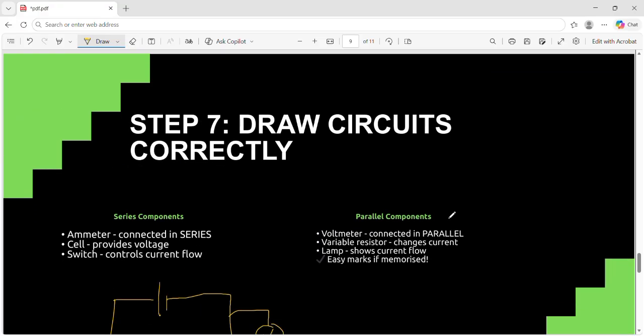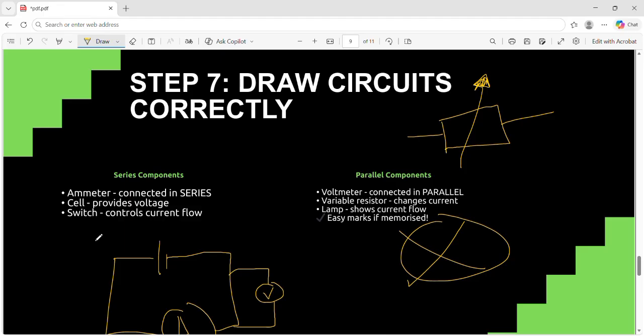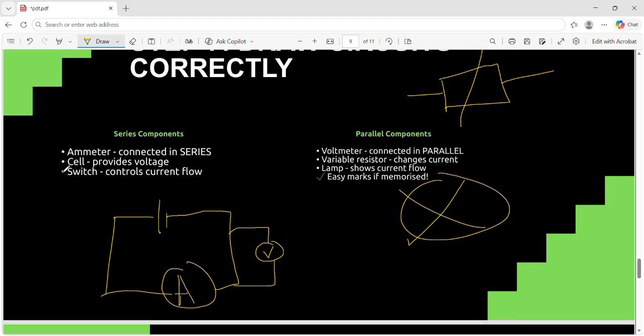And then the variable resistor is also really important. I've told you so many times, variable resistor is like this, okay? Lamp is like this, just a circle and then two crosses. That's it. They may ask you to draw a cell or a switch, but that doesn't usually come.